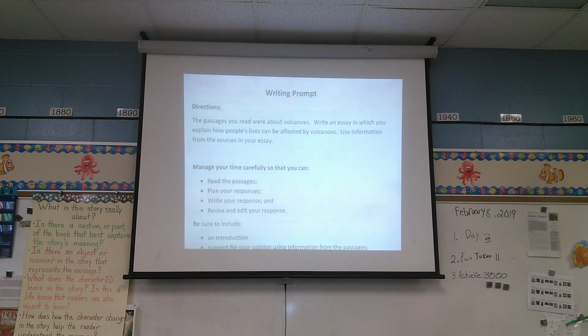Mark the directions with important keywords that tell you what kind of essay you're going to be writing. It's going to tell you exactly what kind of essay they want you to write. What kind of essay are you going to write, Faith?